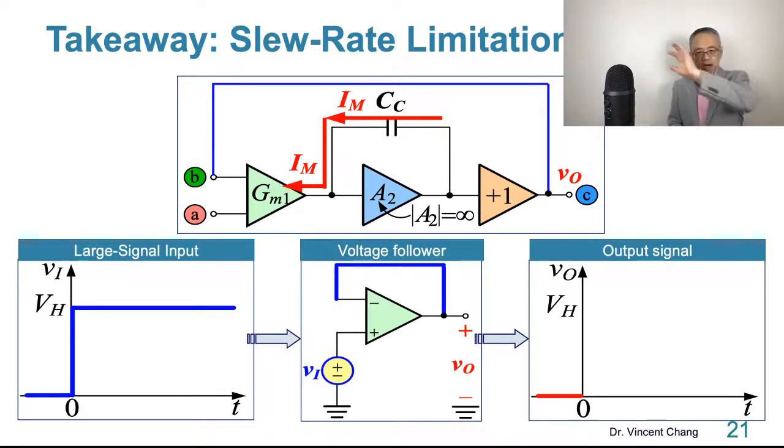So based on I times dt equals C times dV, it tells us dVO/dt, the slope, will be a constant.